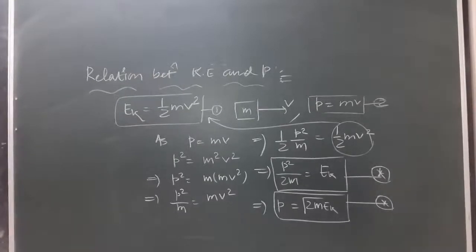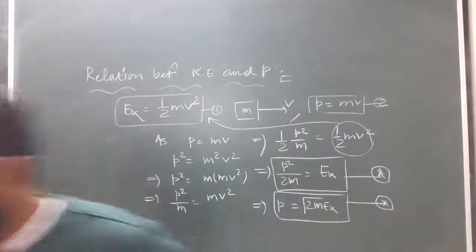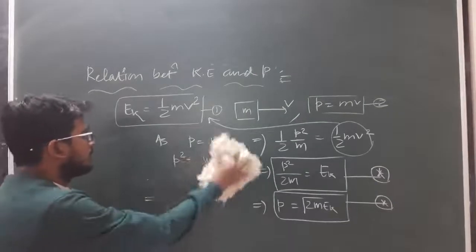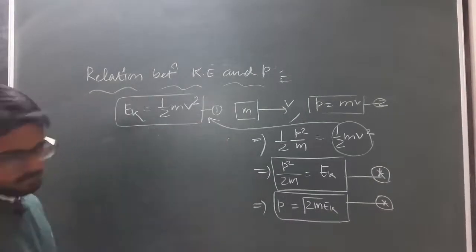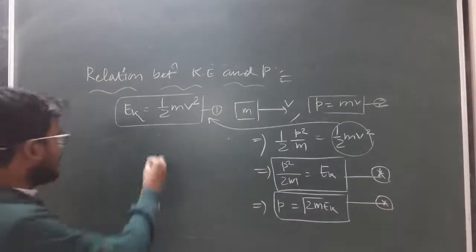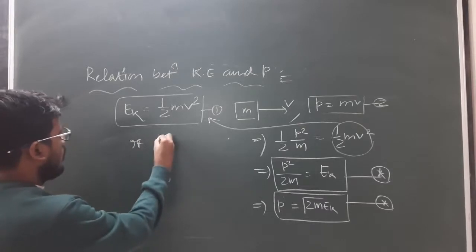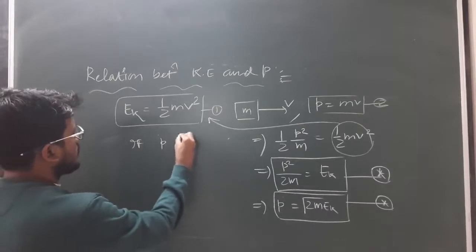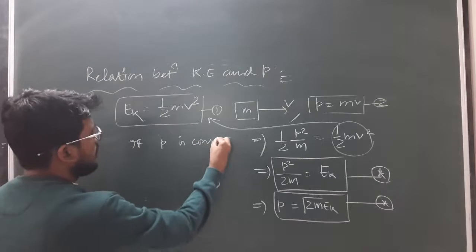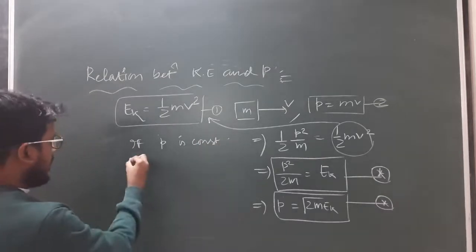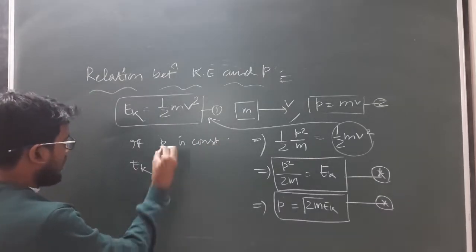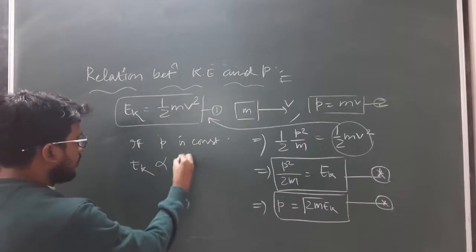Okay, so from these two relations we can write, if momentum is constant for two different bodies, then kinetic energy is inversely proportional to mass.